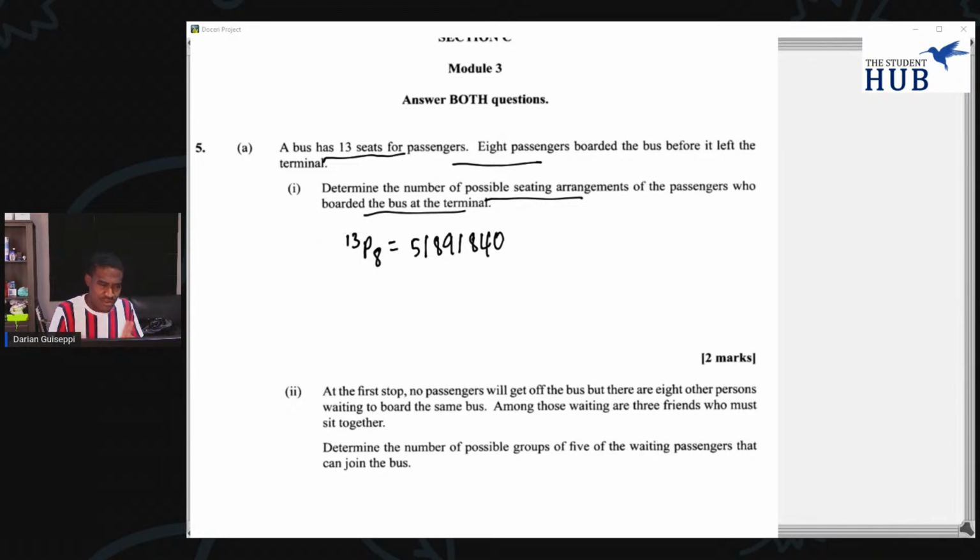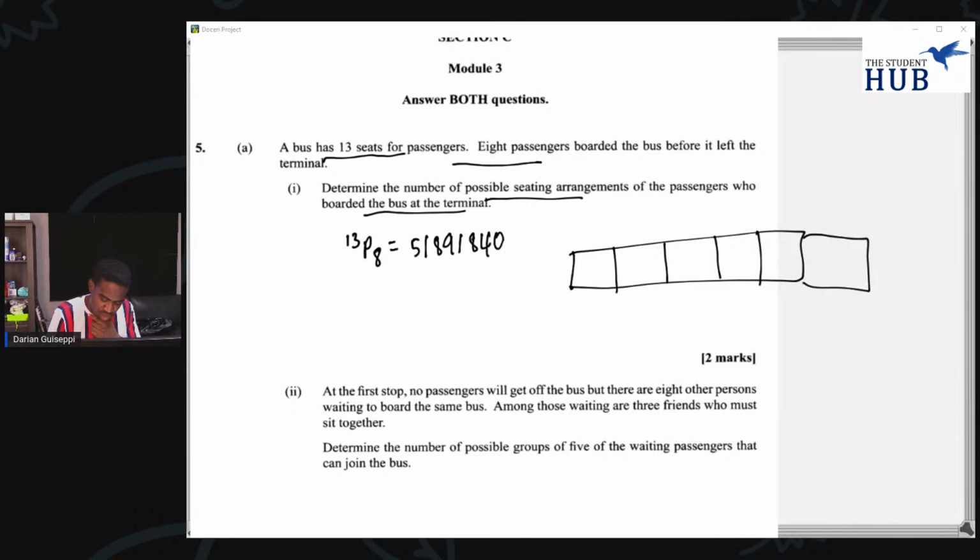Another way of doing it, really quickly, you can also use the box method. I don't know if you are familiar with this, but what you would do is take the 8 persons you want to arrange: 1, 2, 3, 4, 5, 6, 7, 8. And it's 13 spaces. You put the first person in one of the 13 seats. Then you take the next person, one out of the remaining 7, and put them in one of the remaining 12 seats, and so on.